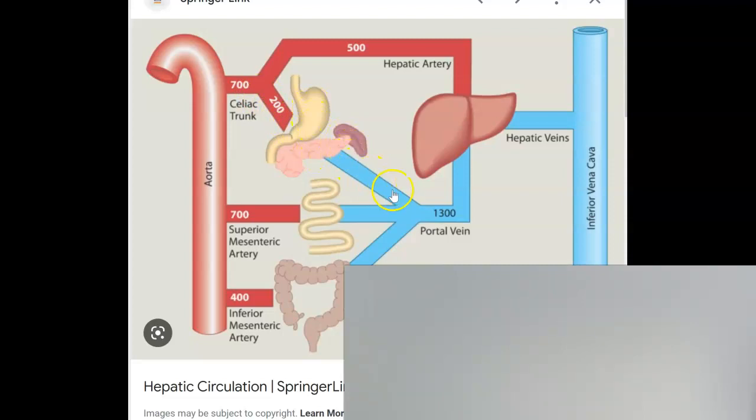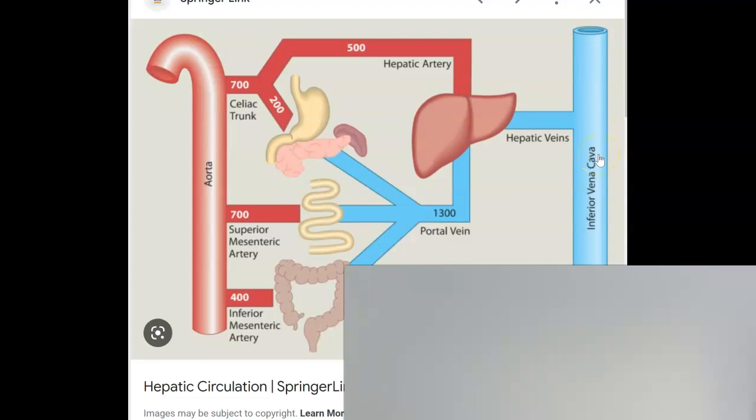And that leads to the portal vein, and the superior mesenteric artery actually goes to the small intestine, and then that leads to the portal vein. And then the branches of the portal vein are going into the hepatic vein and then to the inferior vena cava.